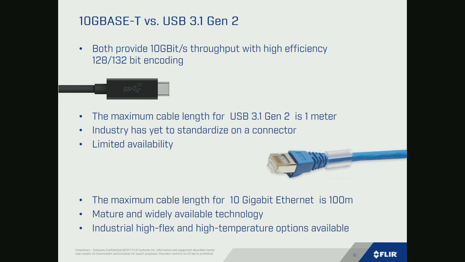On the other hand, 10 Gigabit Ethernet is widely used in network infrastructure. It's a mature platform. There's a robust ecosystem around it, and high flex, high temperature locking industrial cables and equipment are readily available.